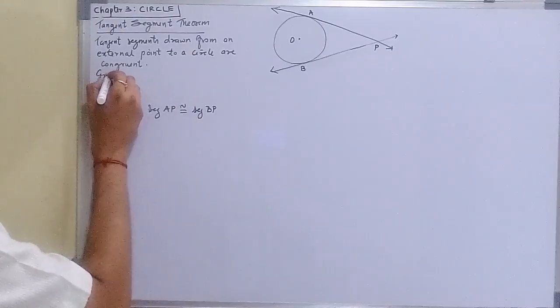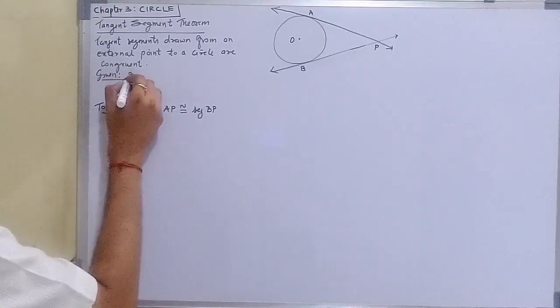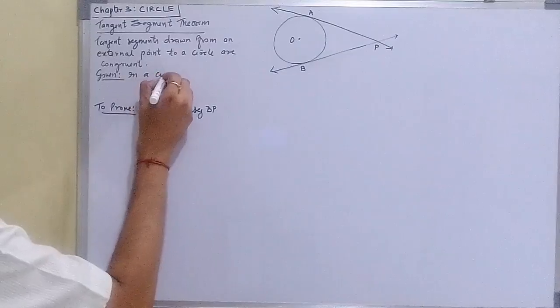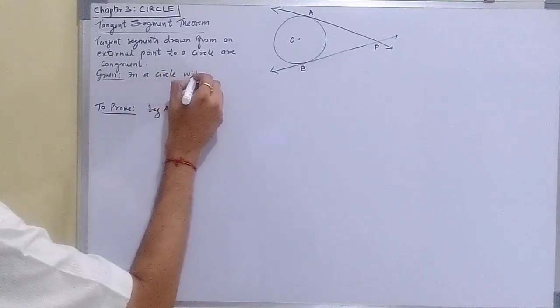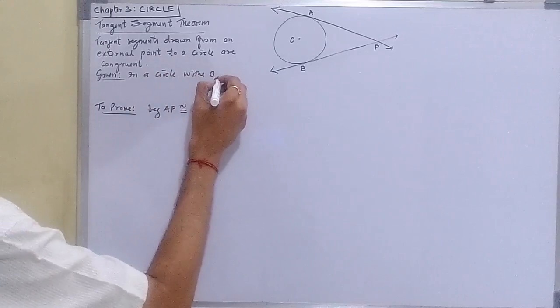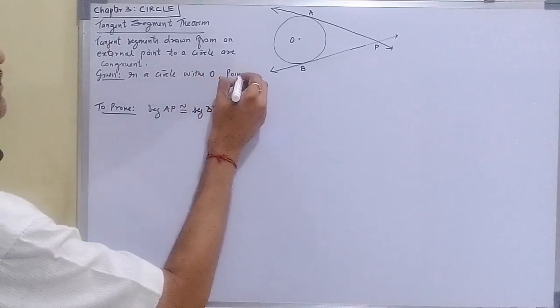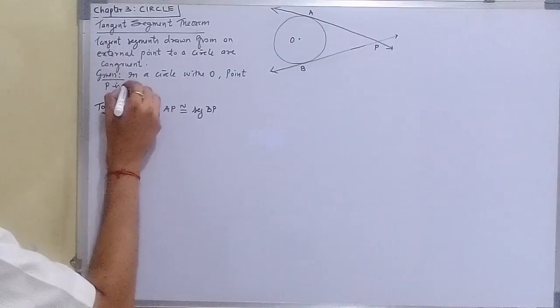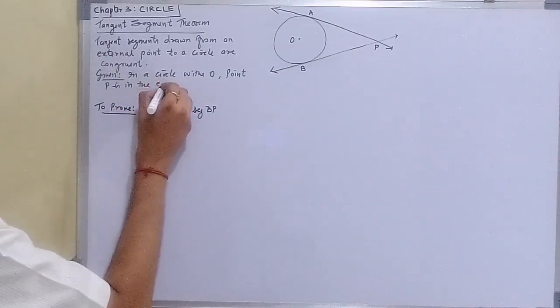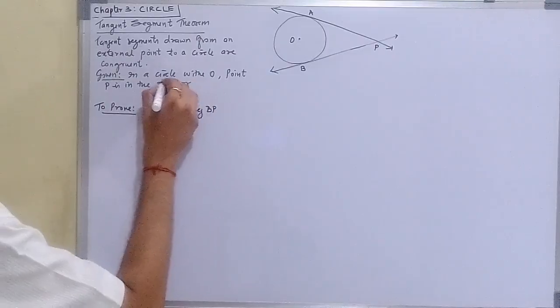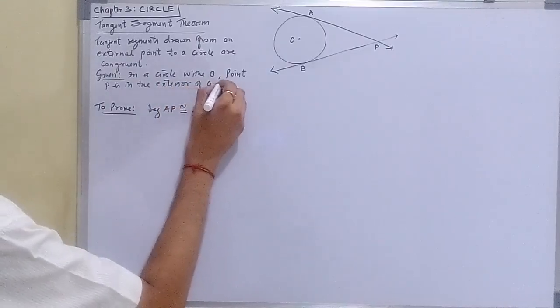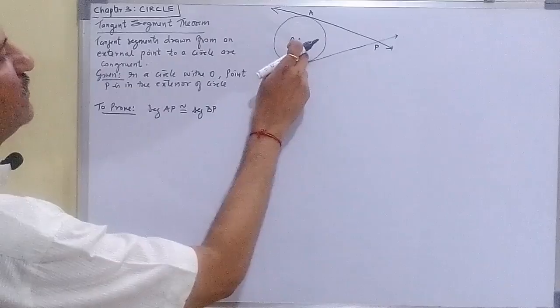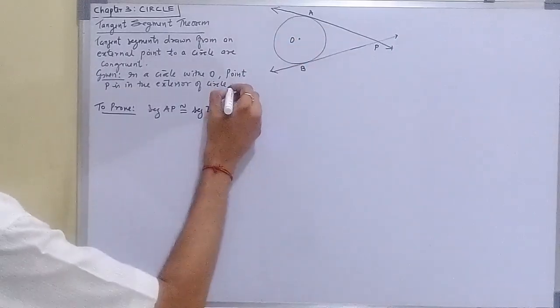तो गिवन लिखो, in a circle with center O, point P is in the exterior of the circle. सर्कल से बाहर है, ये सर्कल है, ये इंटीरियर सर्कल है, वो एक्सटीरियर सर्कल है.